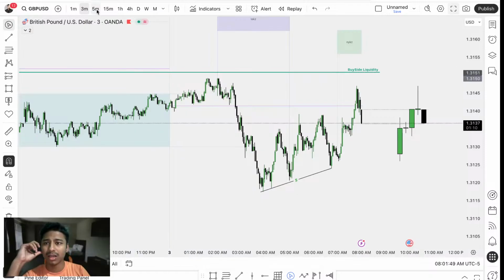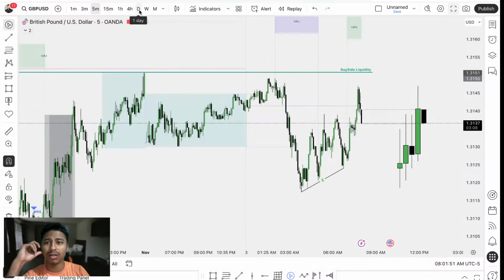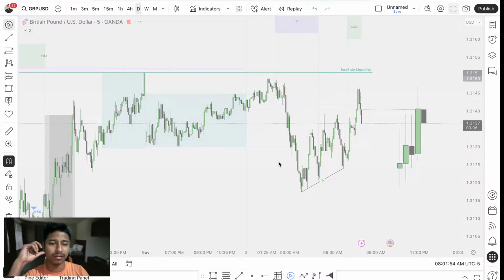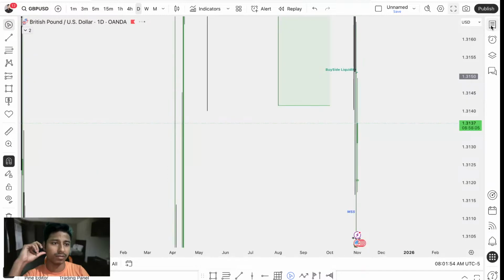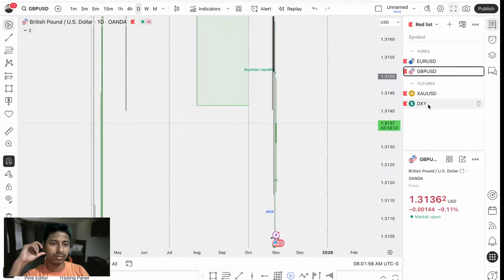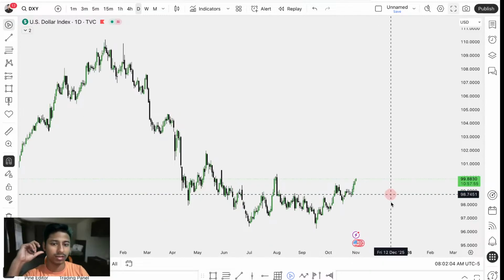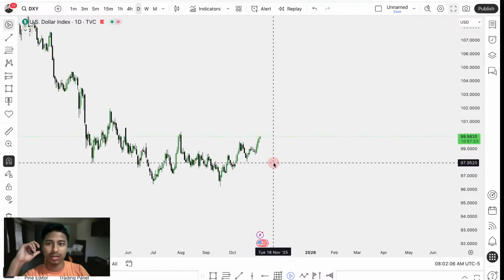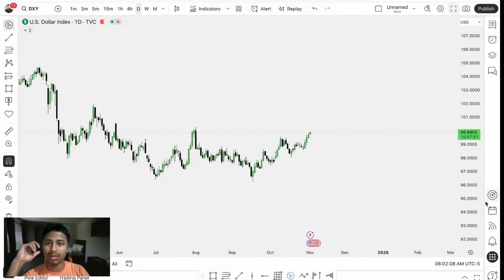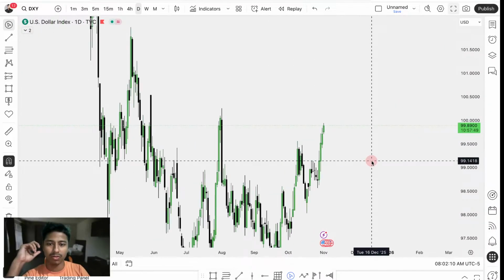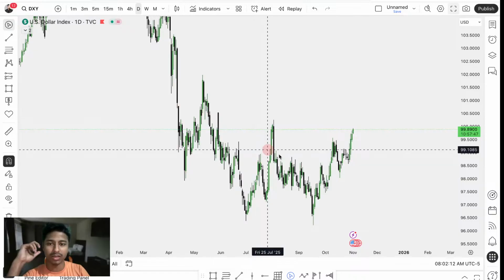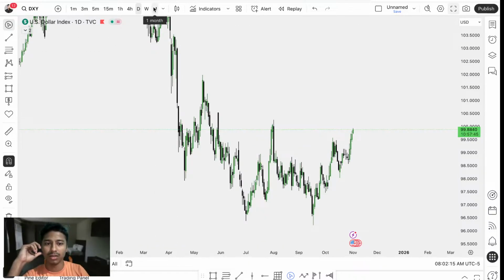bearish because overall, if we go on daily time frame, let me just give you a bias and the analysis. All right, so on daily time frame, we're actually going bullish on DXY.